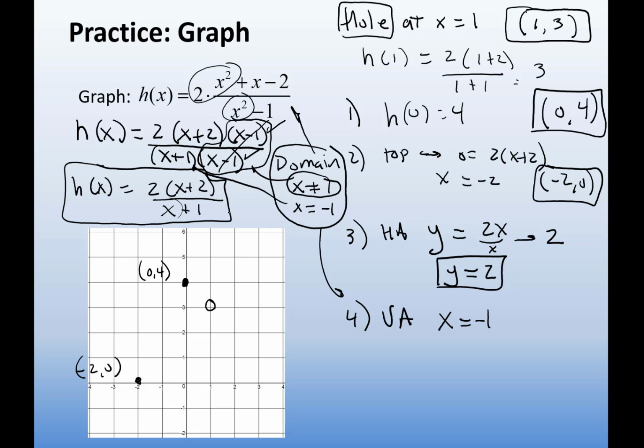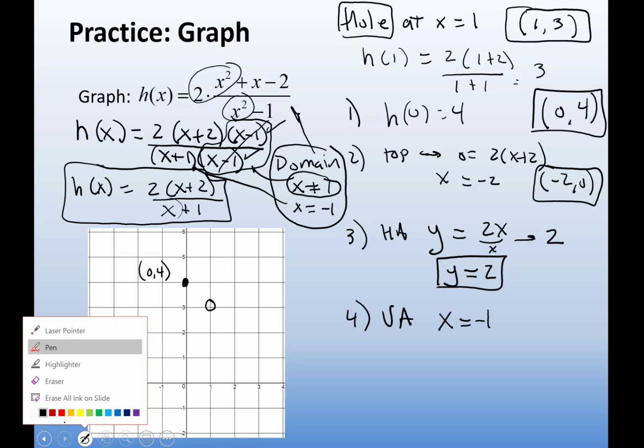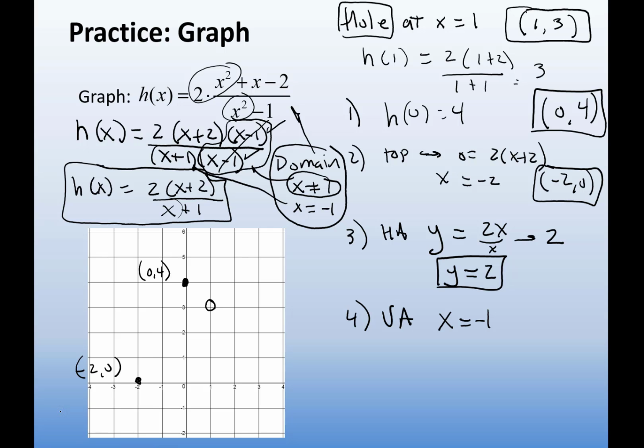And so this one is better to show us that one vertical asymptote. And we have enough actually to make this graph now. So let's put in the horizontal asymptote. The horizontal asymptote was at 2. Let's put in the vertical asymptote at -1.